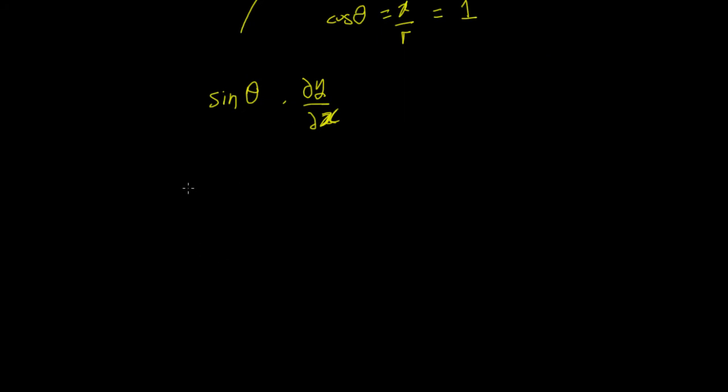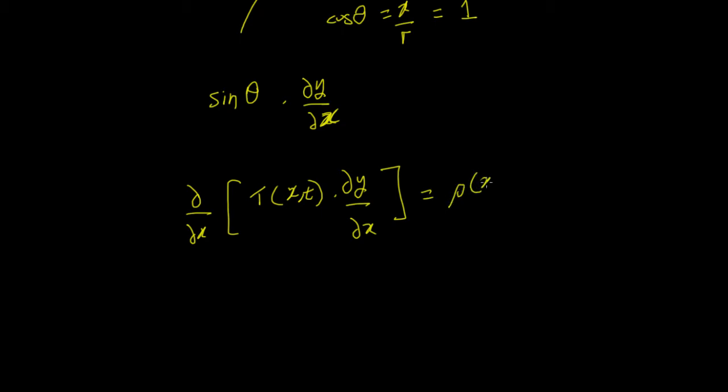So we're going to end up with partial by partial x of our tension at a point x at time t times partial y by partial x, and that's going to equal our mass per unit length, which is a function of the distance as well, times partial squared y by partial t squared.